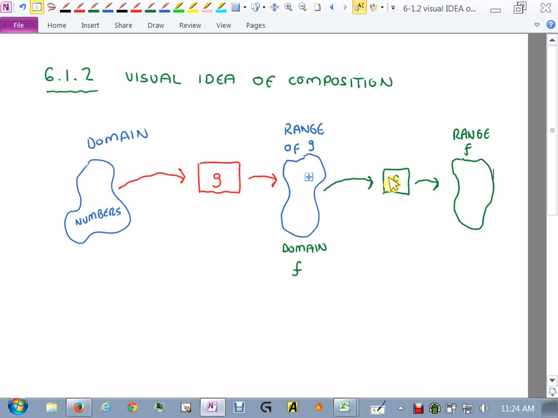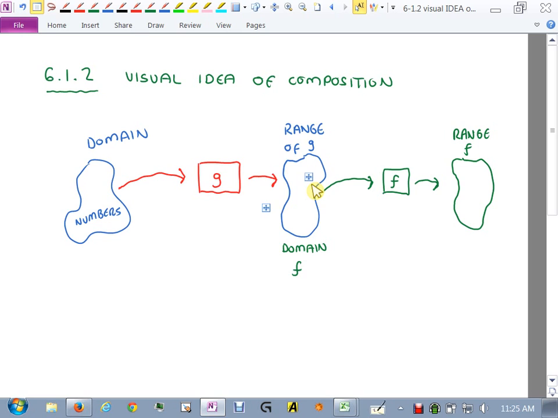But the restrictions we have on f are not dictated by this number. It's dictated by what's coming out of g. So the range of g becoming the domain of f is going to cause a problem for us. And we're going to have to pay attention to it. And that's going to be one of these little subtleties that students are going to get hung up on, all right? Does that make sense in the chain of things, though? Okay, so let's take an example.